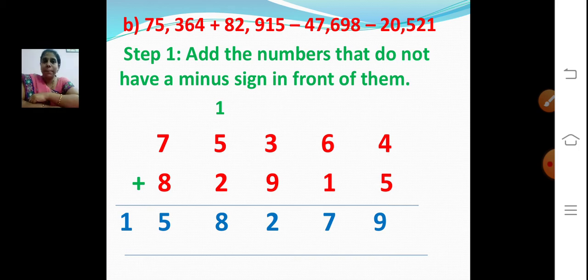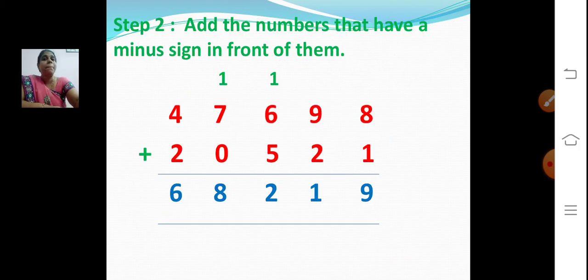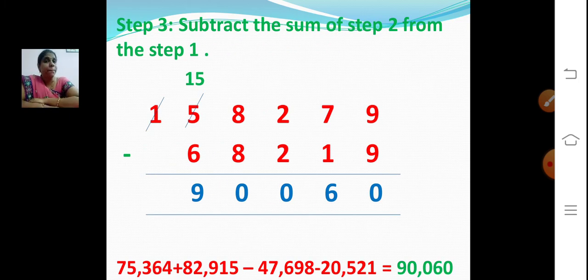From this number, 1,58,279, we are going to subtract 68,219. So step 3 is to subtract the answer we got in step 2 from the step 1 answer.